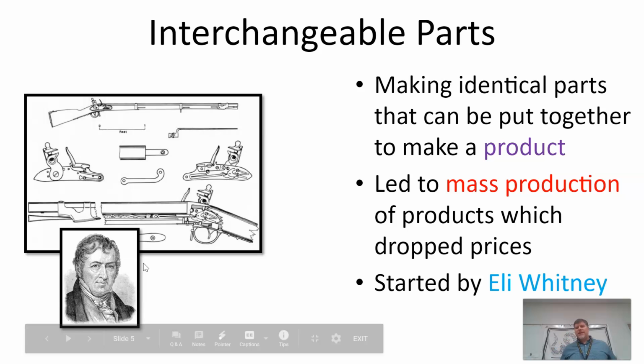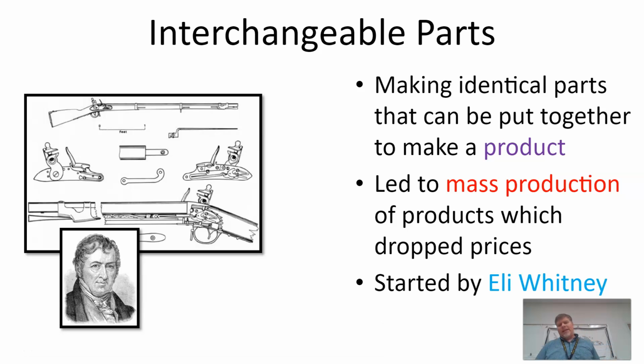Another big change that happens during this time, and Eli Whitney is sometimes called the inventor of interchangeable parts. He's not the inventor. He's really the one in the United States trying to get people involved in making things with interchangeable parts. He's trying to convince Congress to purchase guns from him, using interchangeable parts. The idea is that the parts are made so precisely, by machines, exactly the same, that they will fit.